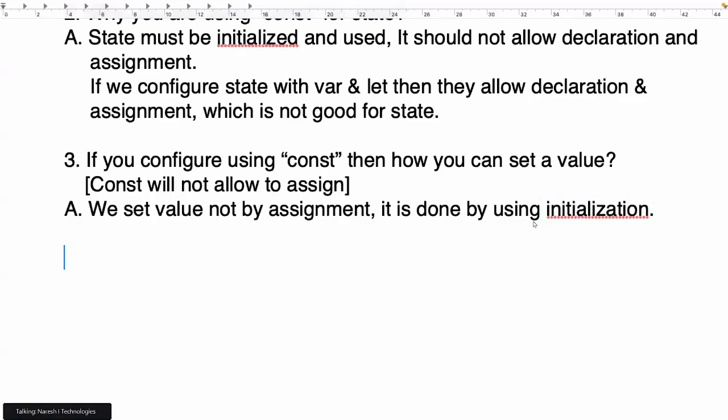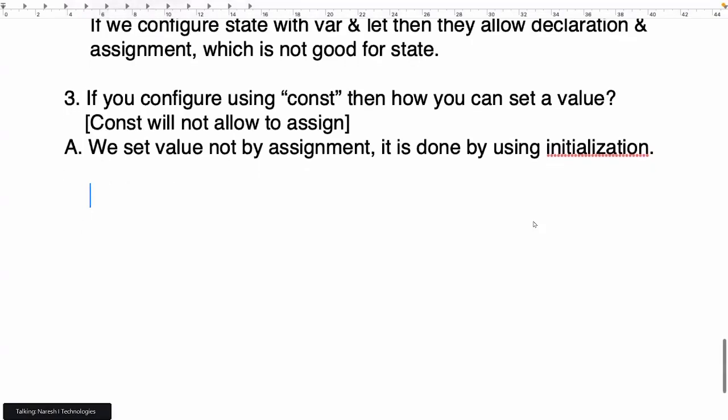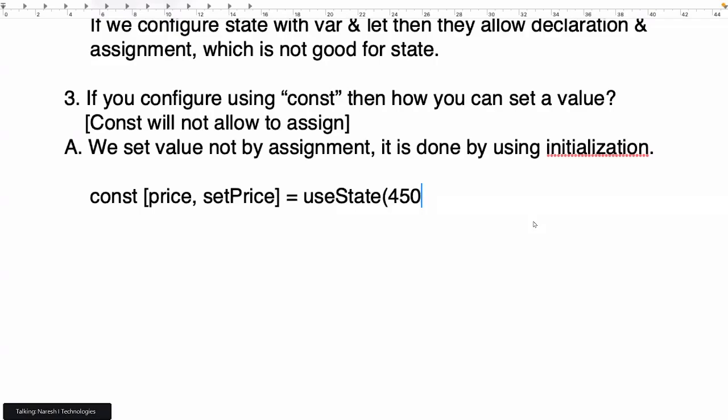That means we will initialize the memory newly. For example, we have a constant, price and setPrice, is equal to useState, and price is some 40. Now setPrice is to set, setPrice is equal to 50.